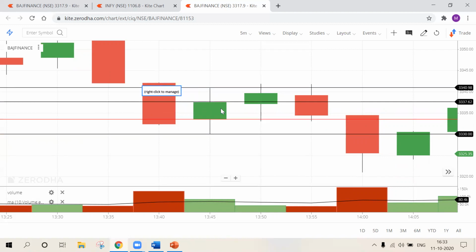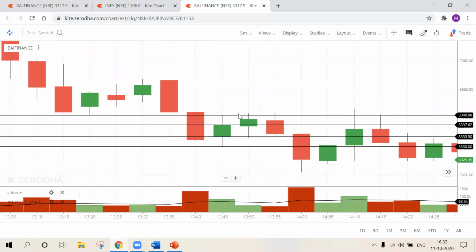In this scenario, the candle is green. So this wick area is the fight between buyers and sellers where sellers won. At this point also, sellers won, so the wick appears. But in the middle of the body, buyers won, so the color of the candle will be green.